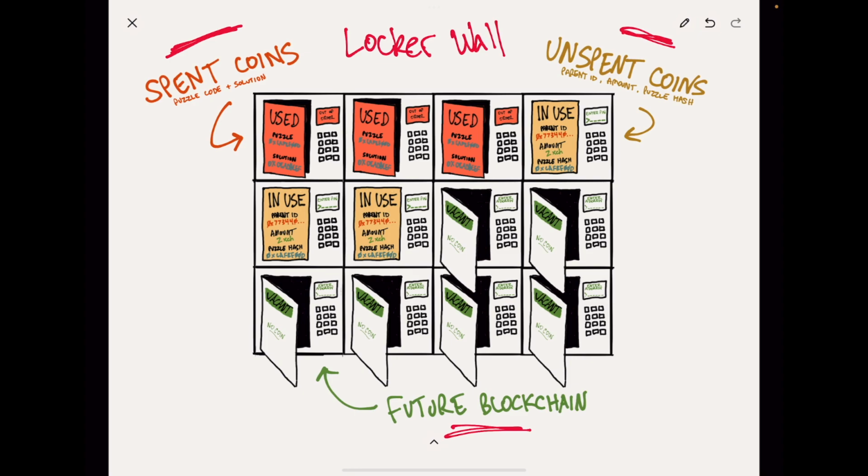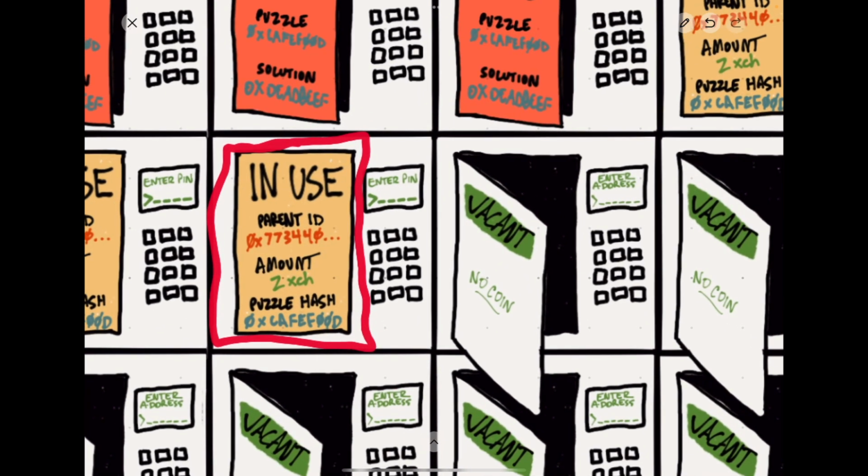Okay, so if you can imagine this as moving from, we're going to start at the bottom here with the future blockchain. So let's imagine you want to send a mojo to your friend. Well, your mojo is, first of all, going to be locked up in one of these lockers. And if we zoom in here, we see the enter pin. So you're going to have to know the puzzle code, so to speak.